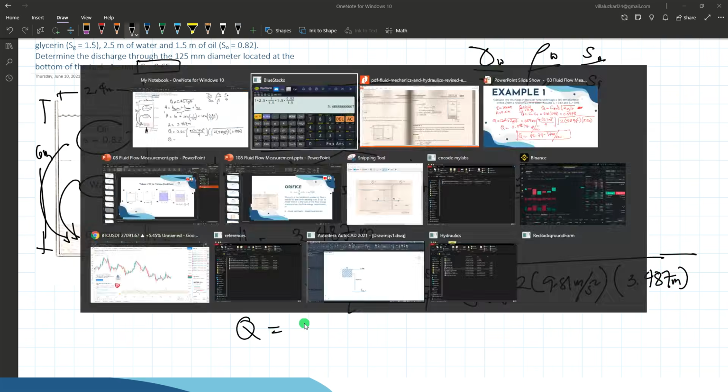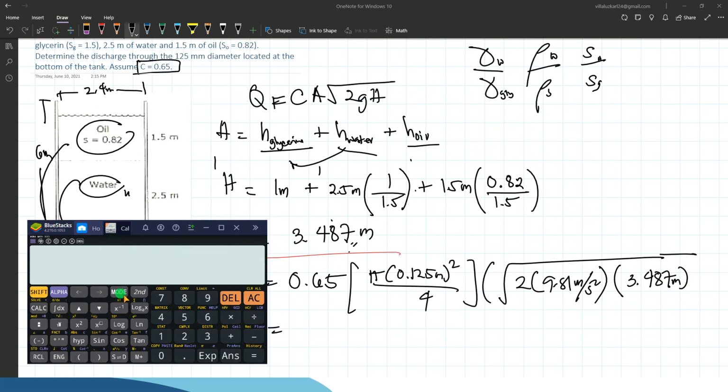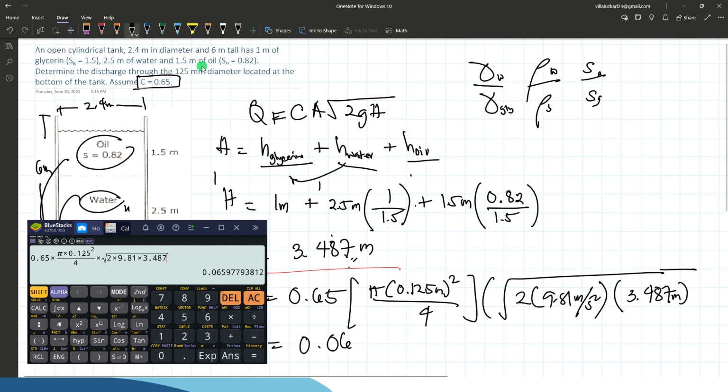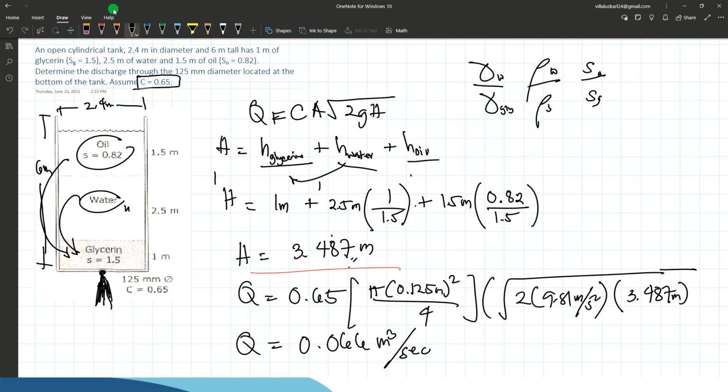Okay, so the Q is 0.65 times that, which is 0.066. Okay, so the discharge is 0.066 cubic meters per second. So that's the answer for this example.